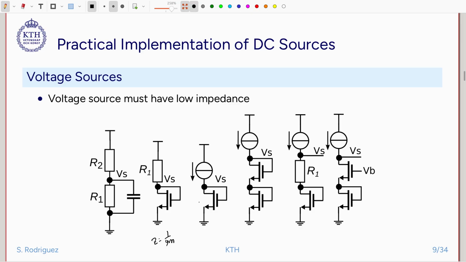The problem of this kind of connection is that the voltage in a diode grows logarithmically with respect to the current. So large variations of voltage require large currents. So it is not very practical if we need large voltage drops. One thing that we can do is to pile up diode connected transistors in order to generate larger voltage drops.